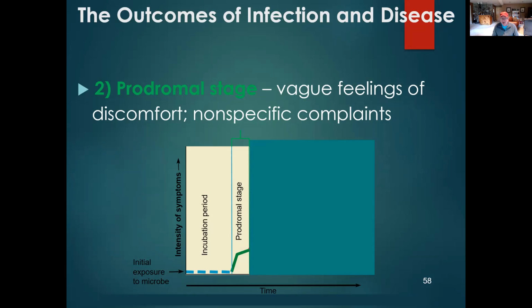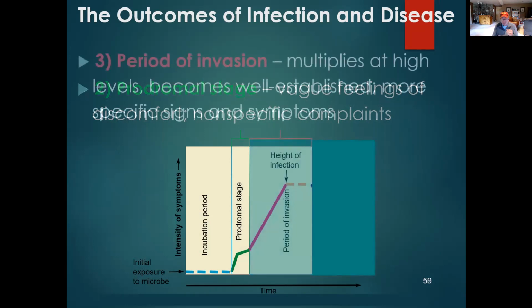And of course, if we were to think about what's going on in terms of number of pathogens in our body, think back to that TED talk that was covered in one of the earlier chapters that Bonnie Bassler did on biofilms. It's during this time that the bacterium, we'll just pretend it's a bacterium, is beginning to mount its attack, right? The numbers of bacteria are going up during the prodromal stage, and you're starting to feel some of these initial symptoms.